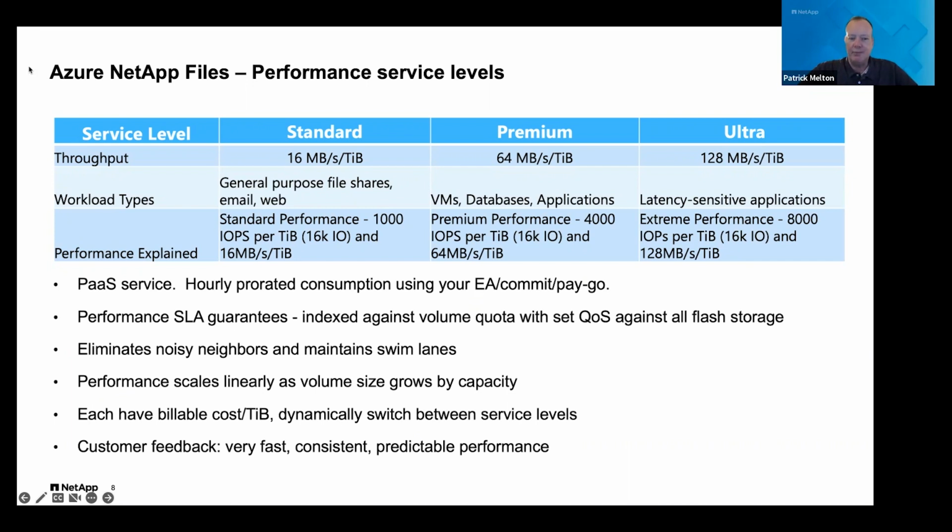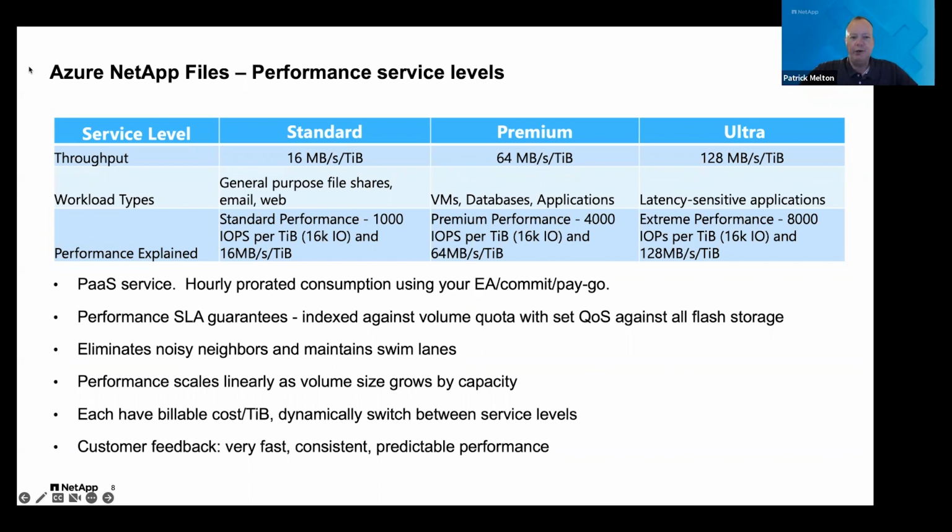Okay, this is a billable cost per terabyte, and you can dynamically switch between service levels from standard to premium, standard to ultra, or going the other way from ultra to premium, premium to standard, or ultra down to standard. And once again, when you switch between service levels, there is no data migration required.